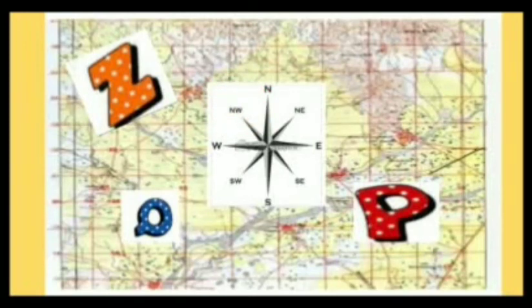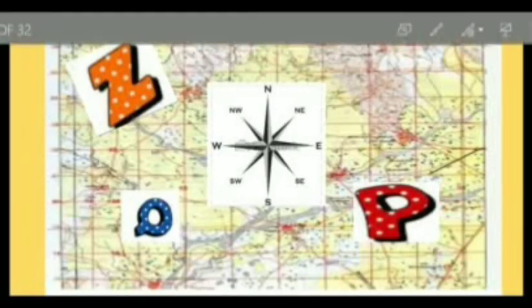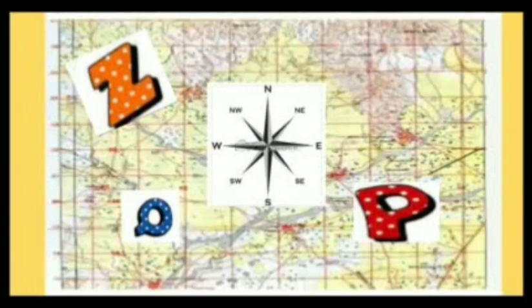Okay, so it is the northwest of P. Now give the direction of Q from Z. From Z, now you will keep the angle. You will keep your direction here and then move to Q. So the direction is here, and supposing if you have come here, then it will be in the south direction. Okay, so in this way you will try to find out the direction.